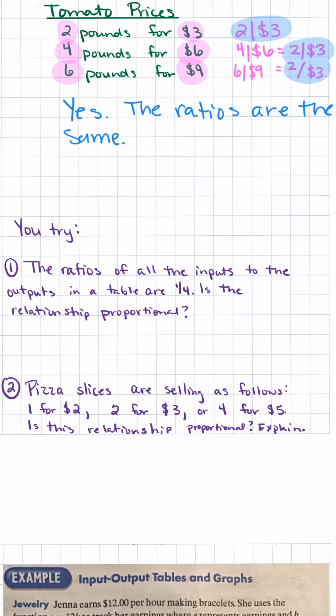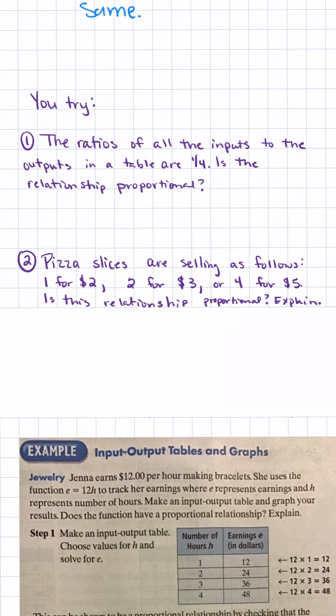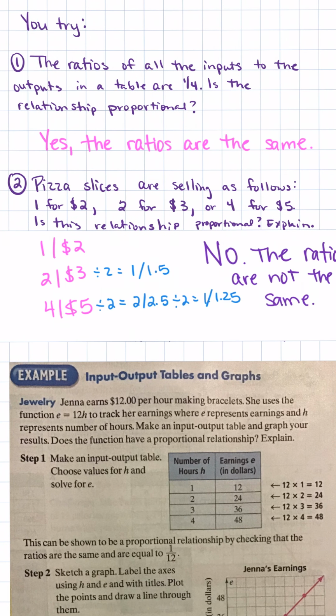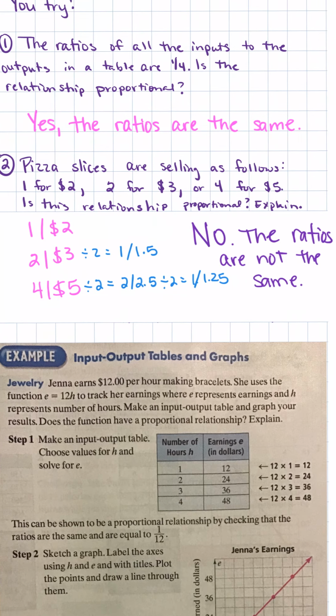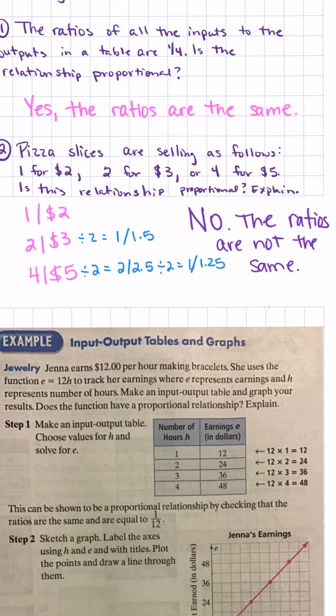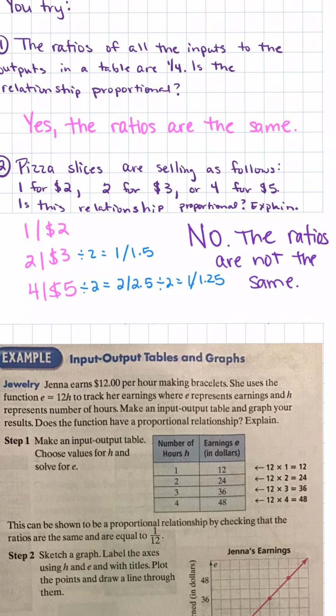Okay. Go ahead and you try the next two on your own. Come back when you're done. Okay, so for the first one, you should have got the ratios are not the same. And the second one, the first one you got, yes, the ratios are the same, right?